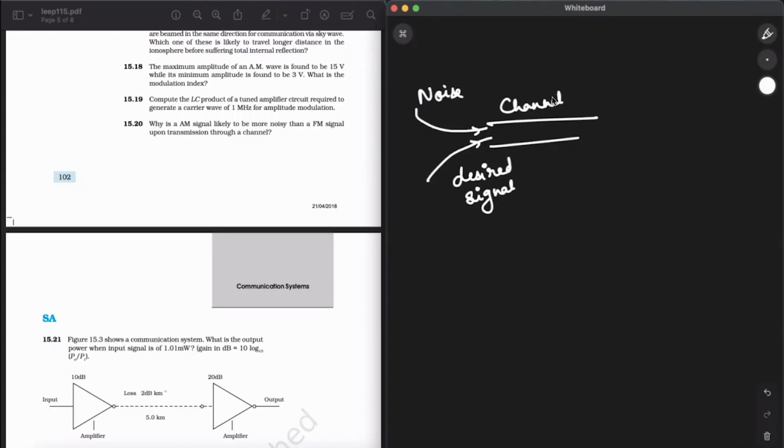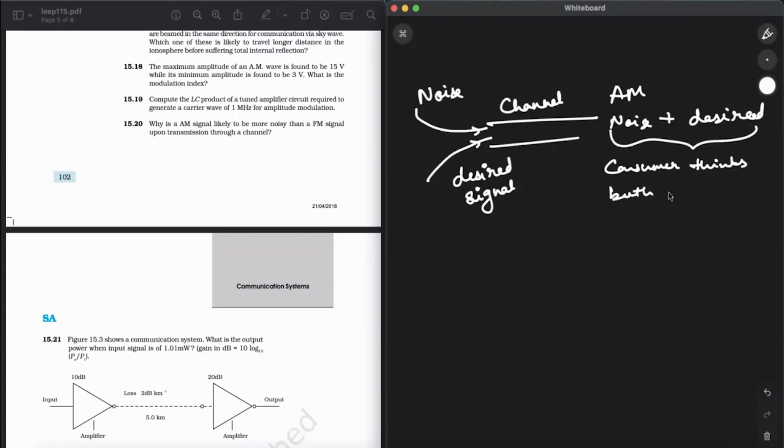So what happens is when we talk about AM, noise plus desired signal, you cannot tell them apart. The receiver thinks both are one unit. Both are one unit. So that makes it more noisy.